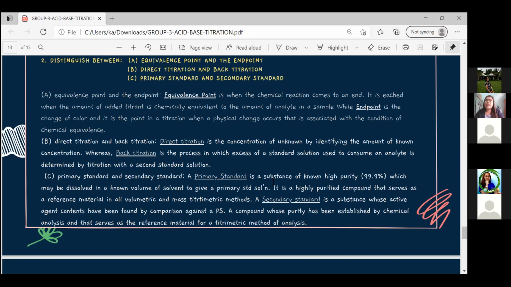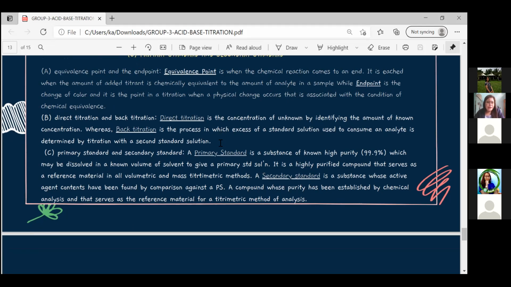So at the end, from yellow it becomes faint pink. That's the color of methyl orange in an acidic environment. It becomes acidic after some time because of the addition of the sulfuric acid. So I hope you can now distinguish the difference between an endpoint and the equivalence point.